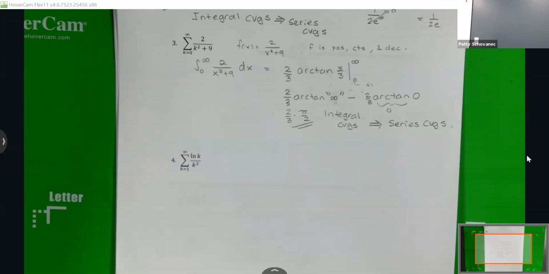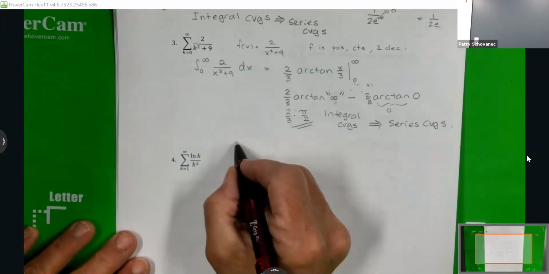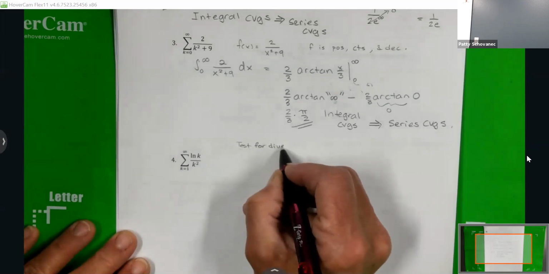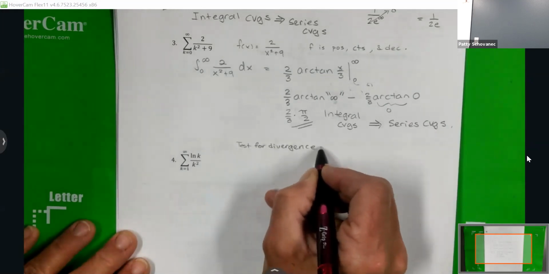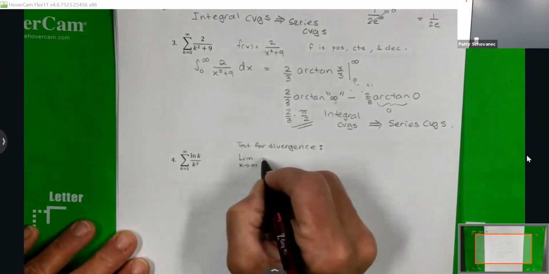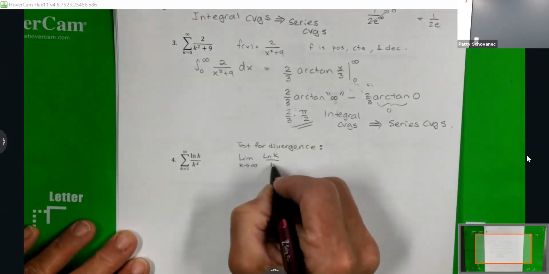If I were to take the limit as k goes to infinity of the natural log of k divided by k squared, doing our little test for divergence.